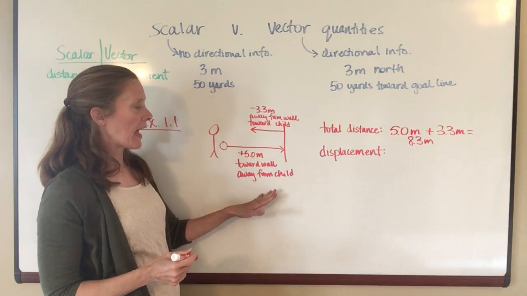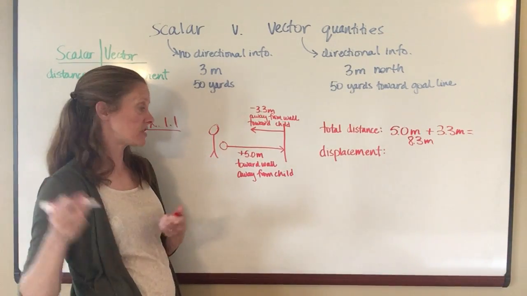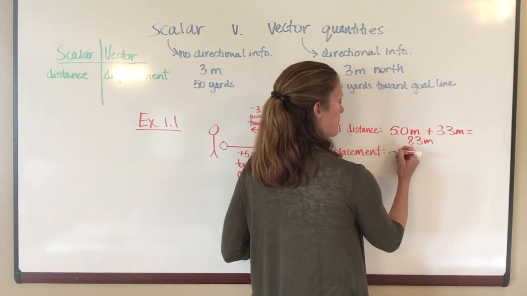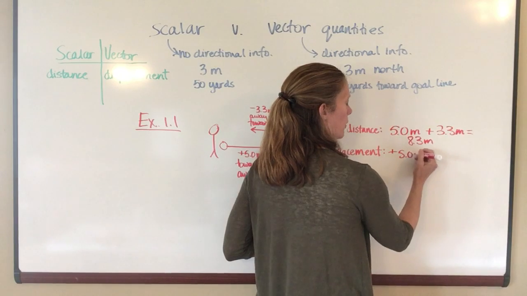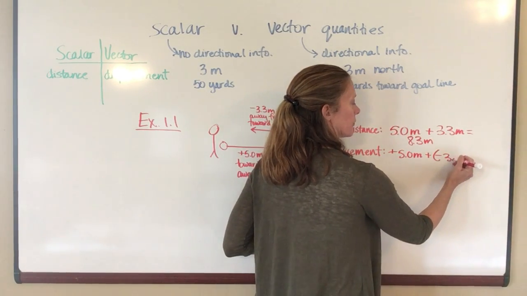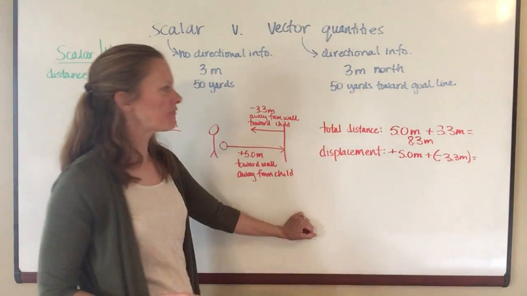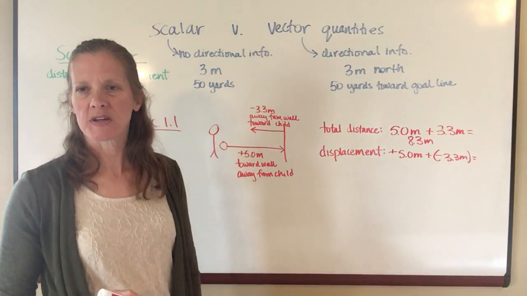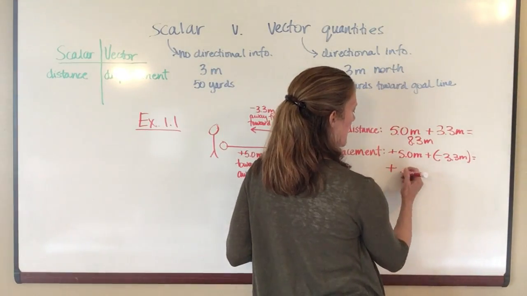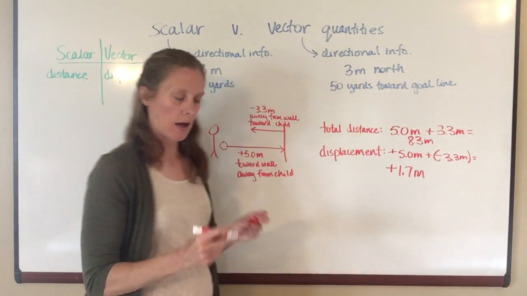So if I'm asked for the displacement, I need to make sure that I include those positive and negative signs. So the displacement goes a positive 5.0 meters, and then it goes a negative 3.3 meters back from the wall. So if I have a positive 5 plus a negative 3.3, that's going to give me a positive 1.7 meters.